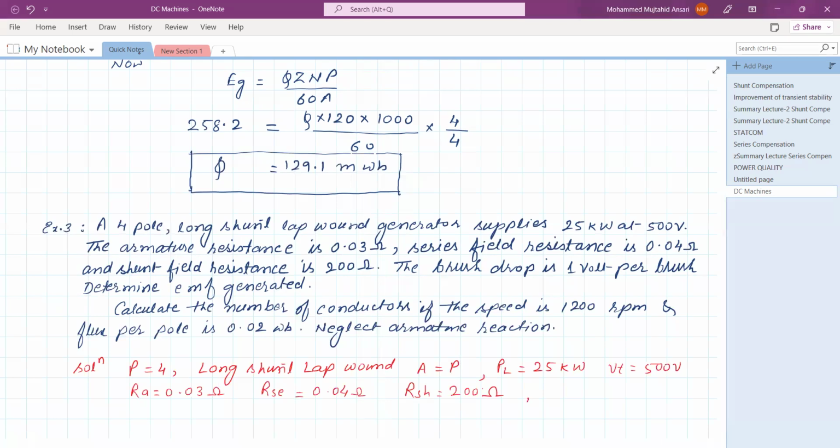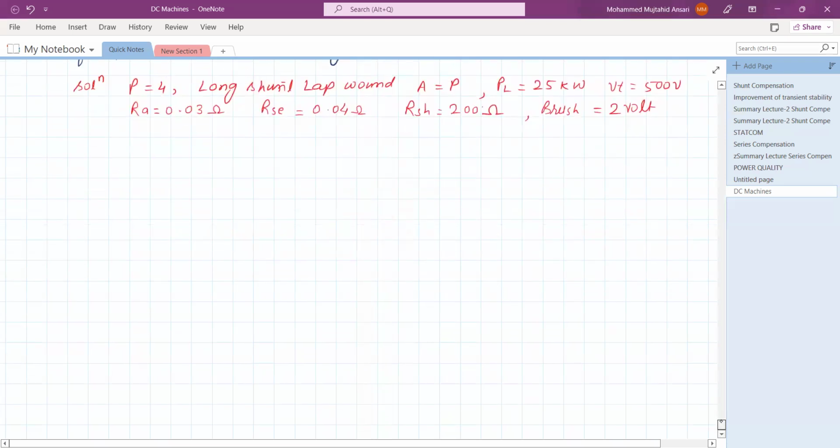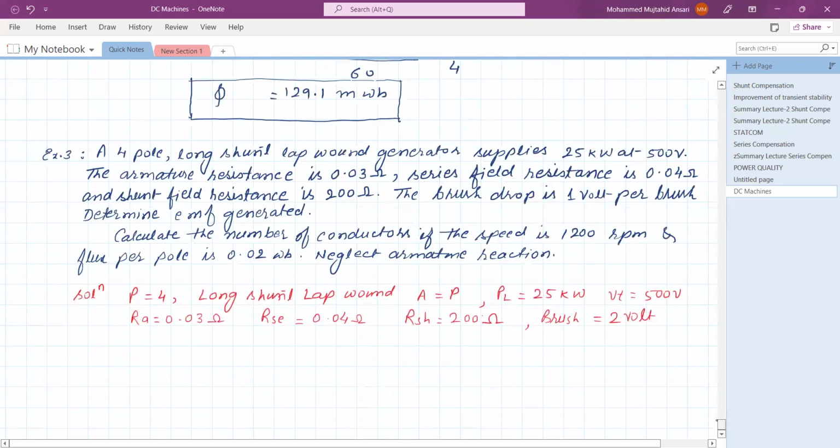The brush drop is equal to 2 volt. We are going to calculate the total number of conductors, where the speed is given as 1200 rpm and the flux phi is given as 0.02 weber.